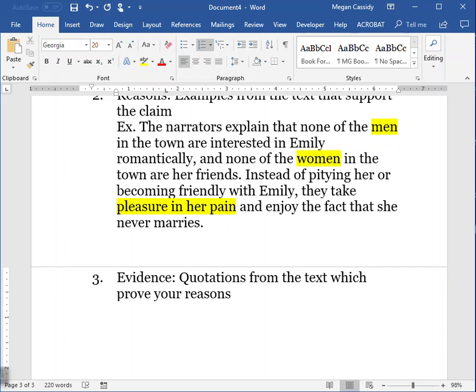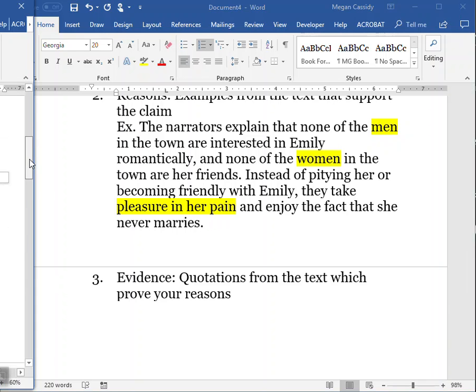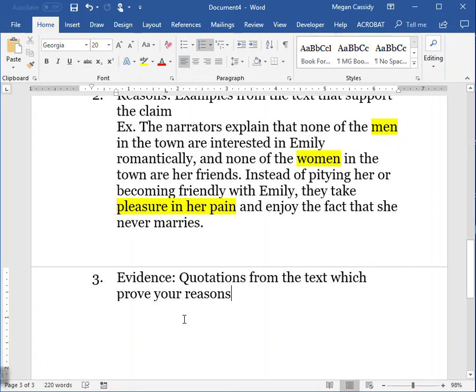A lot of times, what I get here is people not giving me examples from the text that actually prove their reasons. So sometimes I think they'll pick a quotation, but not one necessarily that ties into their claim. So that's something to watch for in your own papers. Is the quotation that you're picking something that proves your claim?